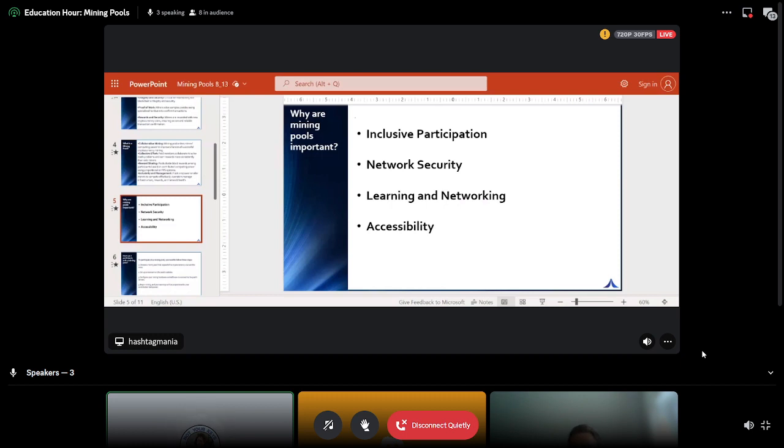Network security: back to what you were saying before, we want to keep that balance with distributed mining operations, so the network stays more secure and there's no dominance.